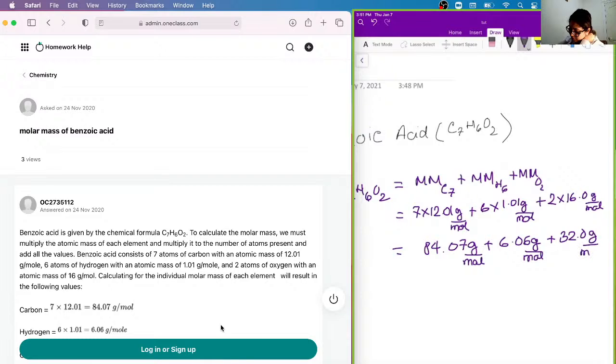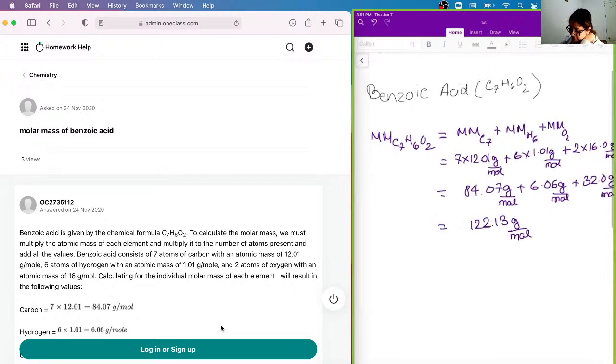You add all these three together and we get 122.13 grams per mole. And so therefore, the molar mass of benzoic acid is 122.13 grams per mole.